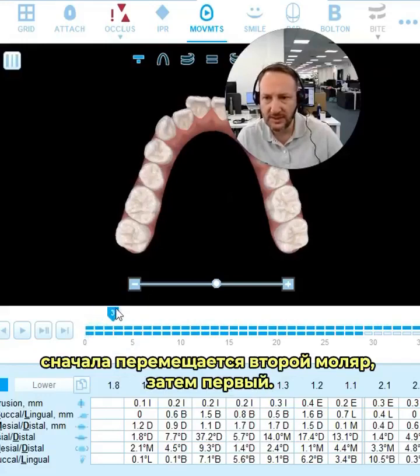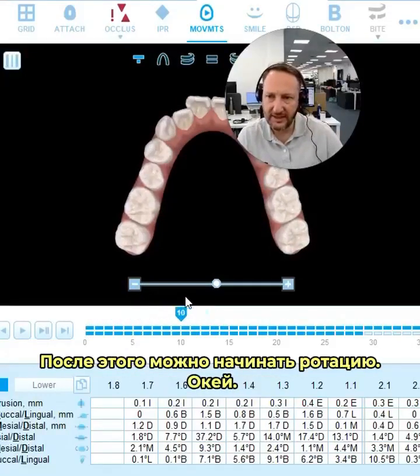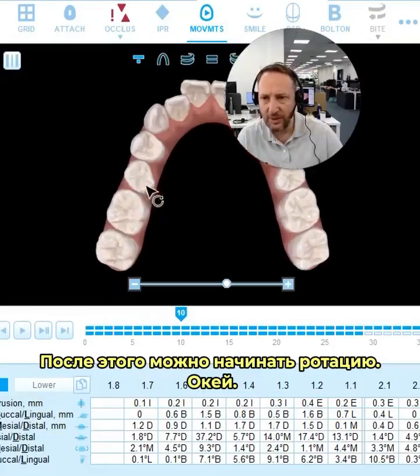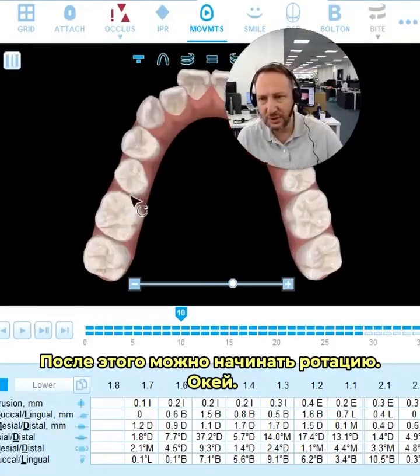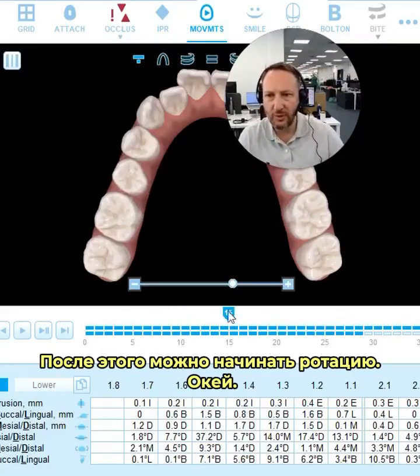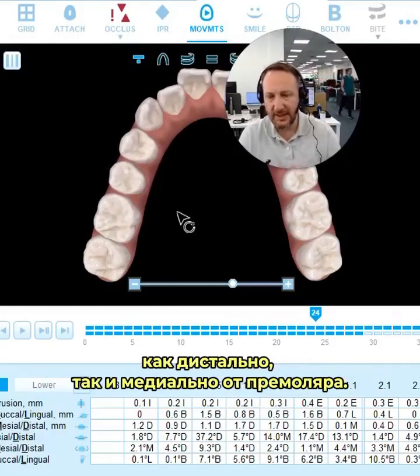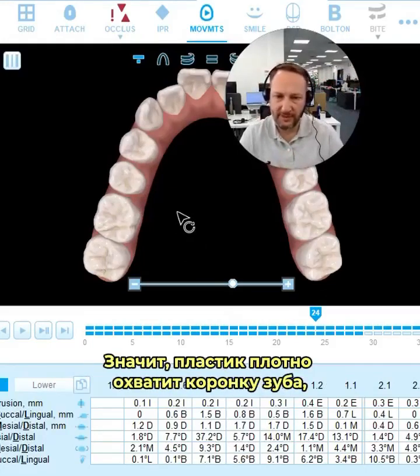We first distalize the second molar, then the first molar, and when we open space here, the plastic can hold the crown and improve retention over it. Only at this moment do we start the movement to correct the rotation. With space mesial and distal, the plastic can hold the crown better and allow the tooth to move with more predictability.